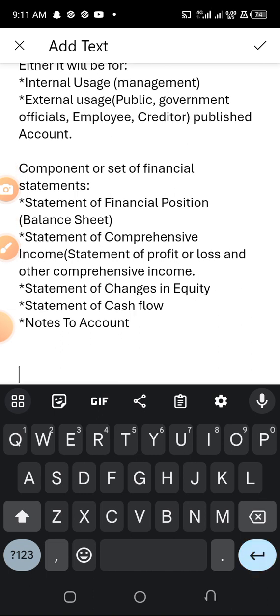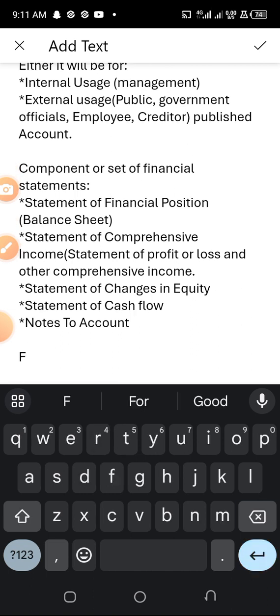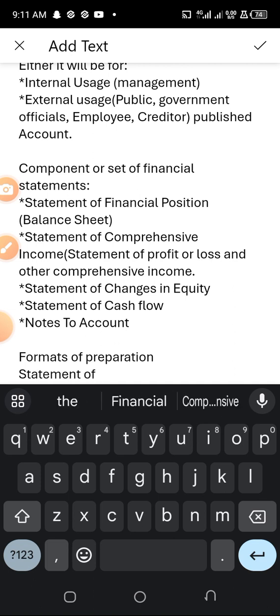So without wasting much of our time, we will go to the format now. The format of preparation. Let's start with the statement of financial position.